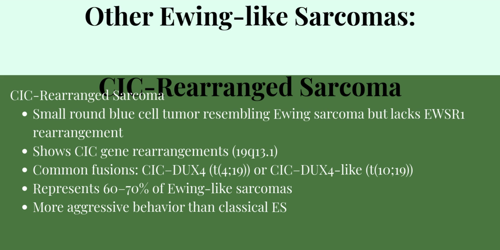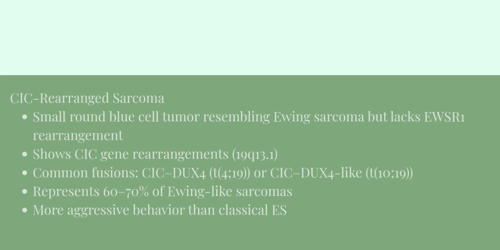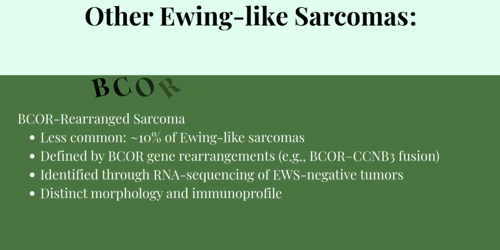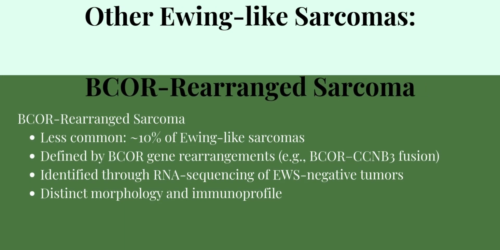Another subgroup is BCOR-rearranged sarcoma, representing about 10% of Ewing-like lesions. These were identified through RNA sequencing studies and show distinct clinical, morphological, and molecular features. Although they mimic Ewing sarcoma microscopically, their molecular signatures clearly separate them into unique diagnostic entities.